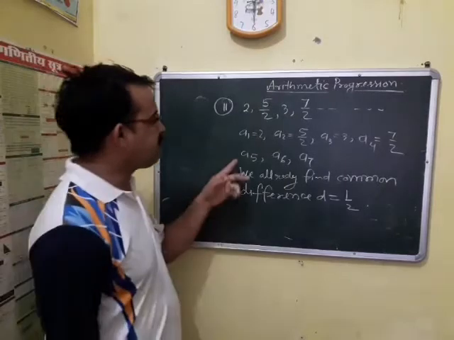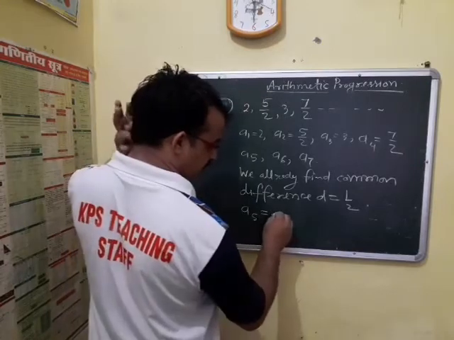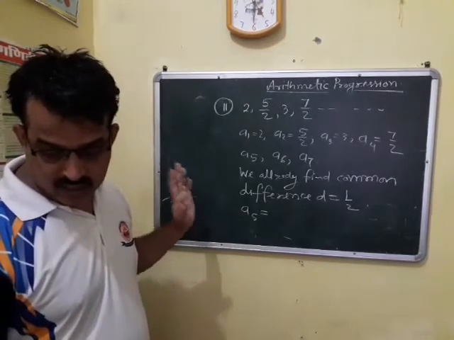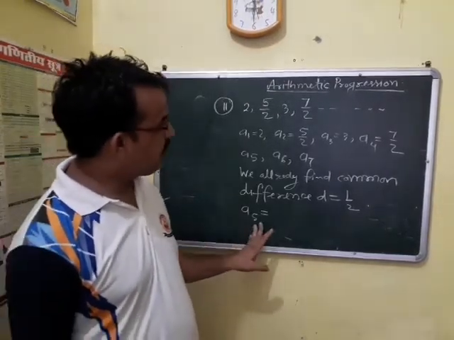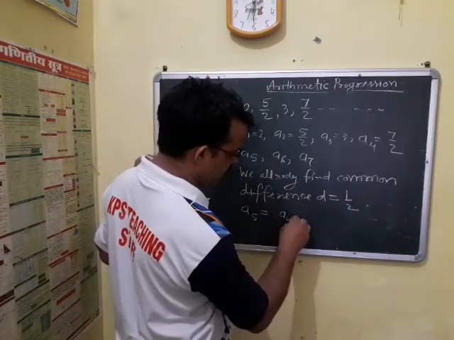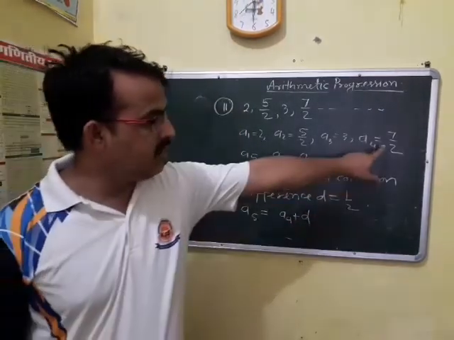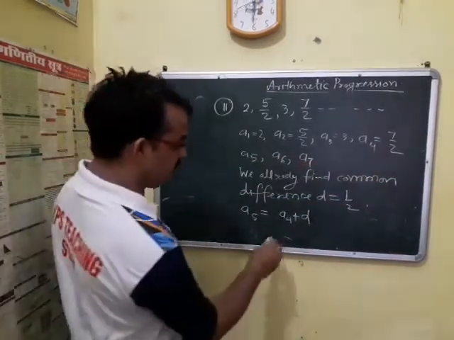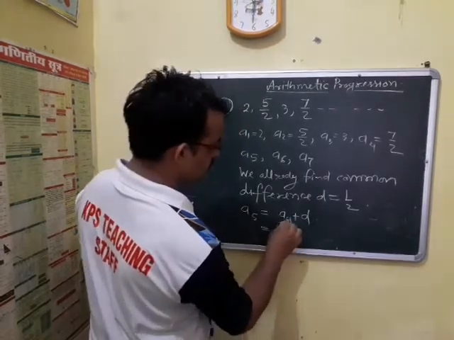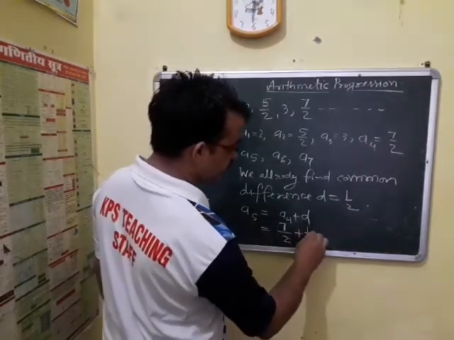Now find A5. A5 is equal to A4 plus D. A4 is given as 7 by 2, and the common difference D is 1 by 2.